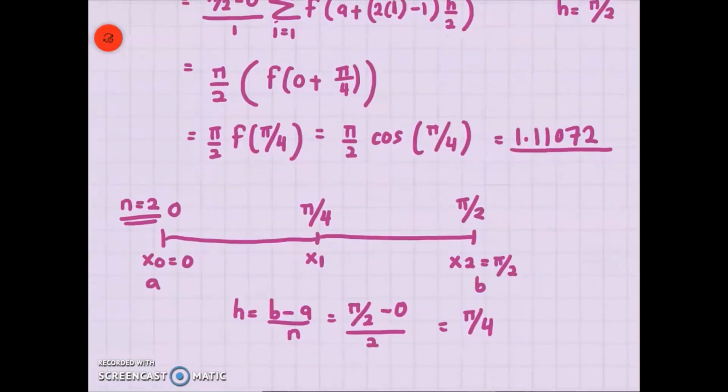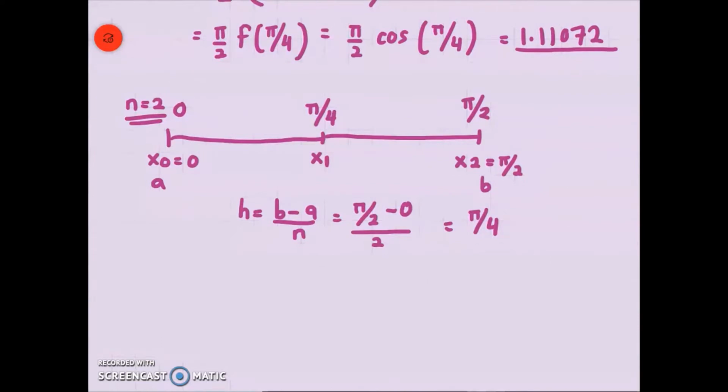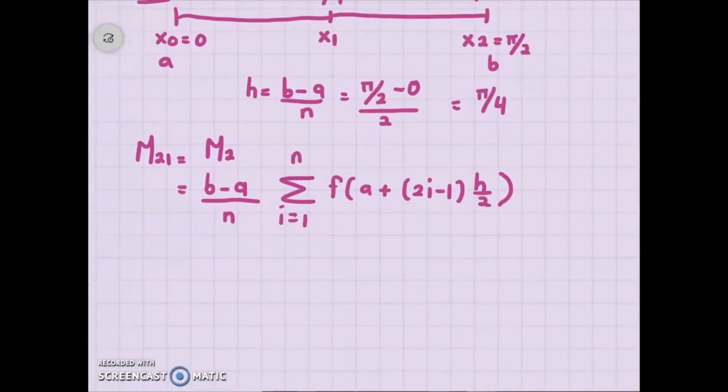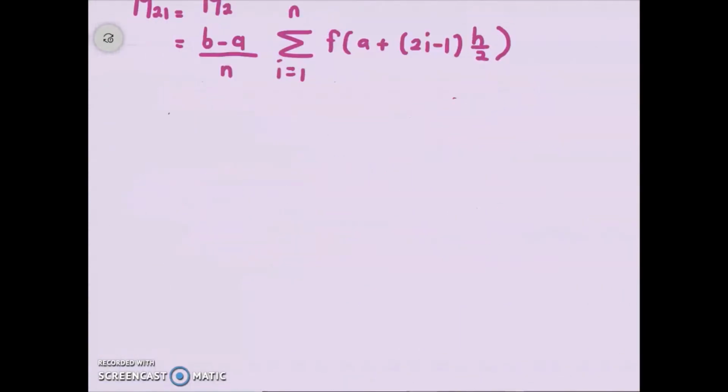Once you have all this information, we can get M21, which is my M2 for n equals 2, where I use the composite rule: (b minus a) over n, summation i equals 1 to n of f of (a plus (2i minus 1) h over 2). So the summation we have to do: first (pi over 2 minus 0) divided by 2.